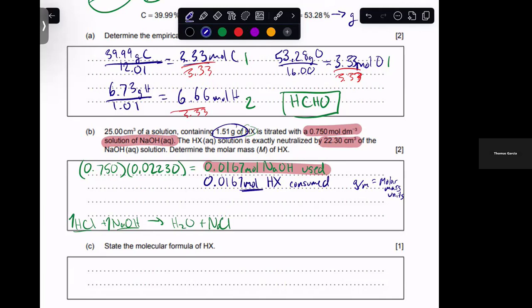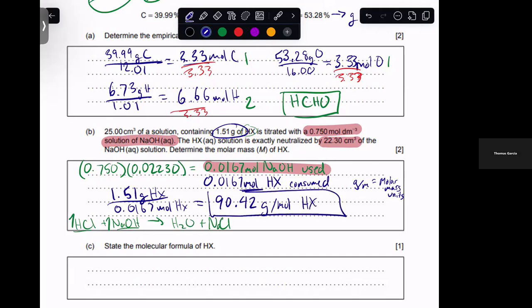So to get grams per mole, we take our grams, 1.51 grams HX. We divide it by our moles, 0.0167 mole HX, and we get a molar mass of 90.42 grams per mole HX. There we go.